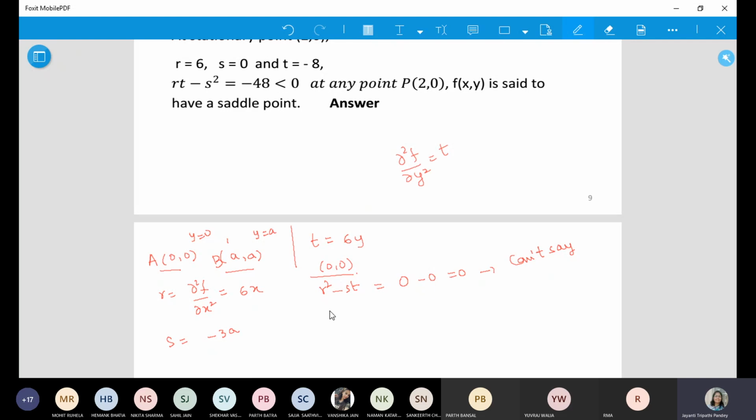Now, when you have (a, a), then see what is r? r will be 6a. s is minus 3a. t is 6a.